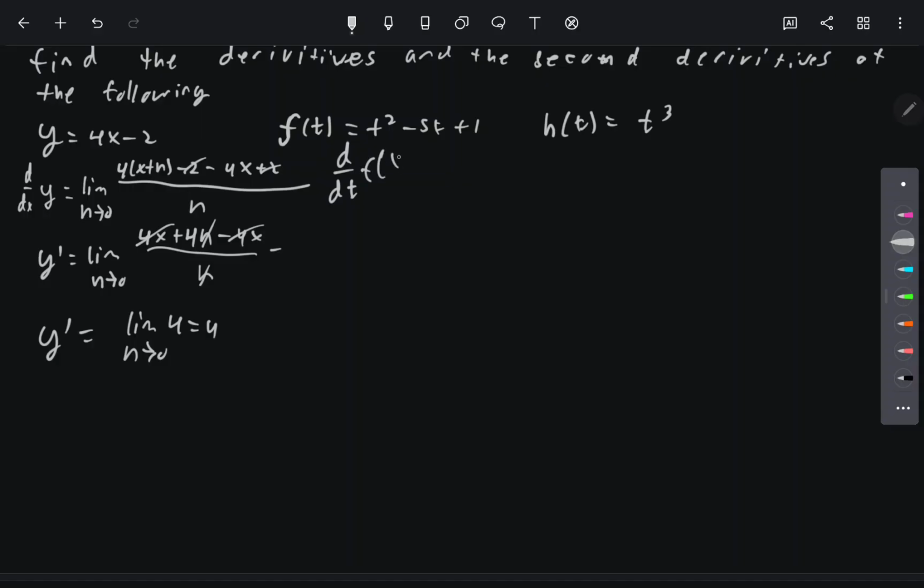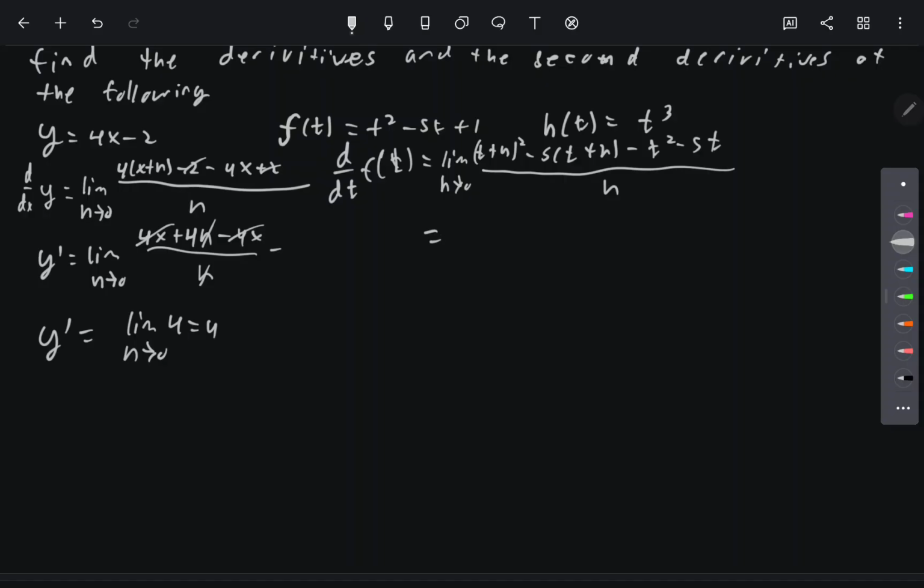So f prime of t is equal to the limit as h approaches 0 of (t plus h) squared minus 5(t plus h). And I'm not going to add in the plus 1 because we're going to subtract it off later, so I'm just going to leave it off. Makes my math a bit less complicated. And all of that's over h.